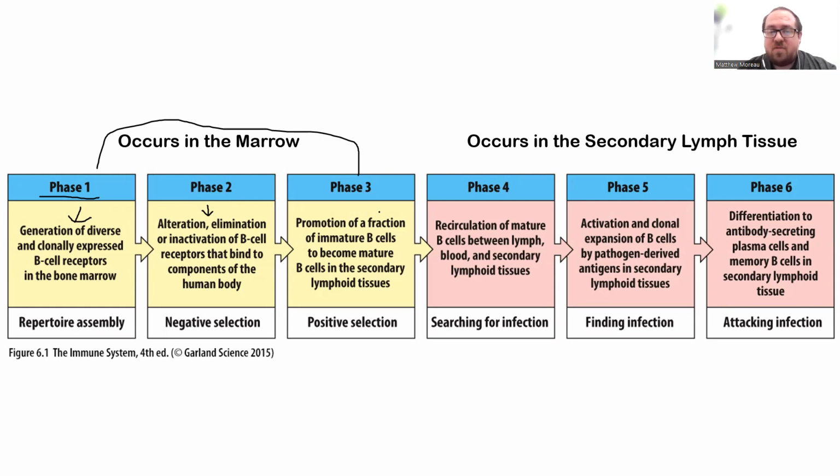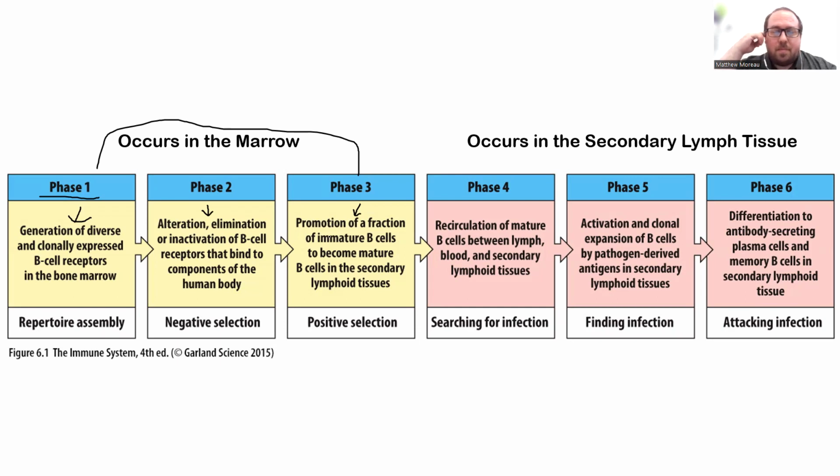And then finally, stage three, and that is promotion of the fraction of B cells that are immature but produce a functioning non-human antigen recognizing B cell receptor that then gets released from the marrow and is then put into the secondary lymphoid tissues. That includes things like your appendix, your tonsils, and your lymph associated tissues like GALT, MALT, etc.